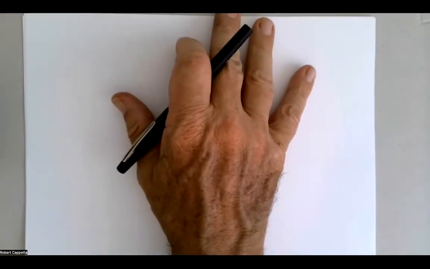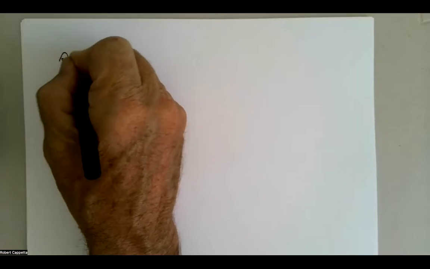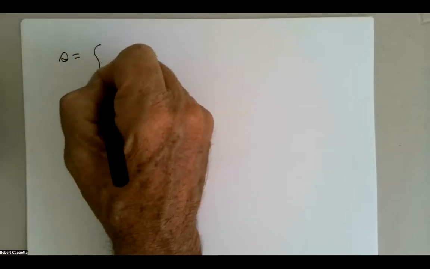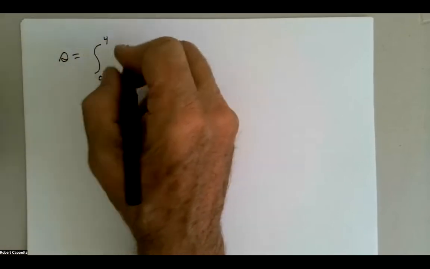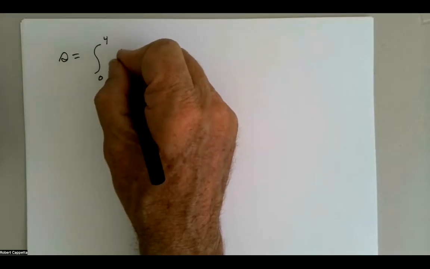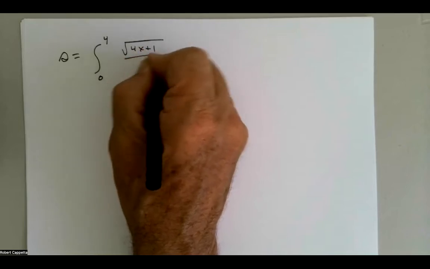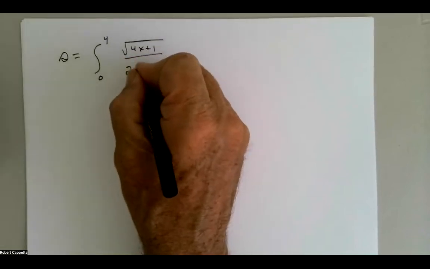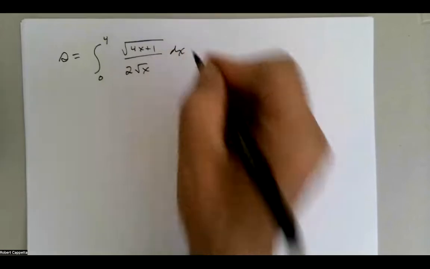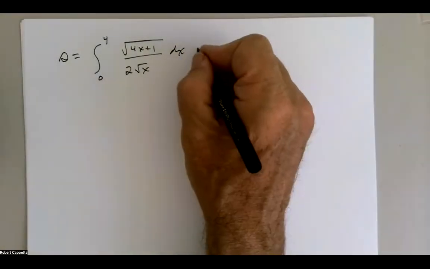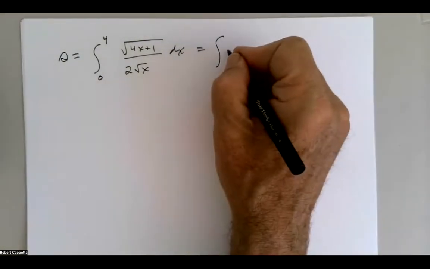So this was our most recent position. S equals the integral from 0 to 4 of root 4x plus 1 over 2 root x dx, which will become what? Worry about the endpoints later.